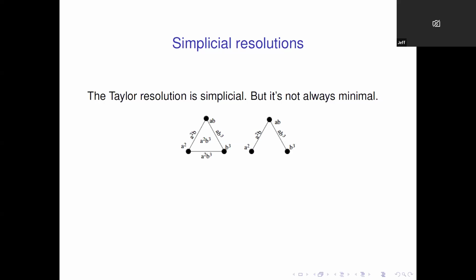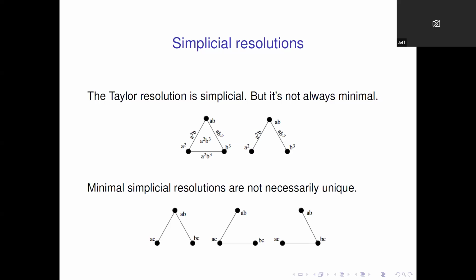And so that means that somehow the bottom edge is redundant and the big syzygy of degree 2 is just measuring its redundancy. So we should be able to delete that edge and the corresponding big face. And this lambda-shaped simplicial complex over on the right is also a resolution for this ideal. And in this case, it happens to be minimal.